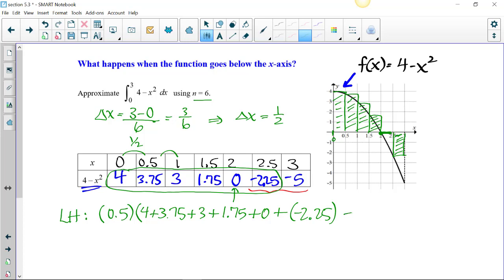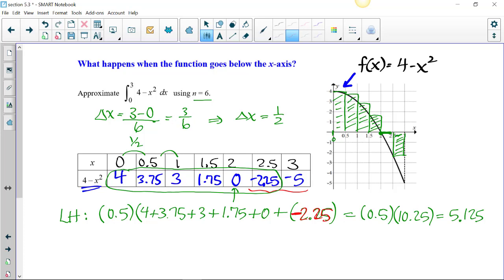Okay, and that's going to give me 0.5 times 10.25, which is 5.125. So we're taking half of 10. Okay, see what happened here? With this height or function value being negative, we actually subtracted 2.25.